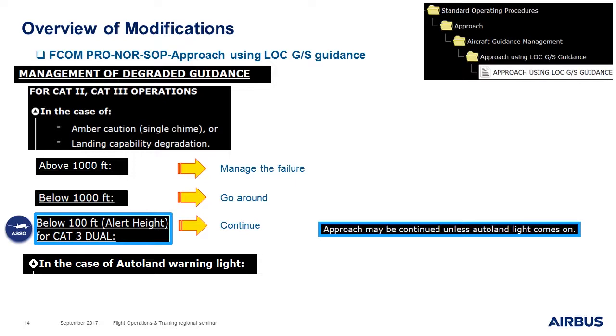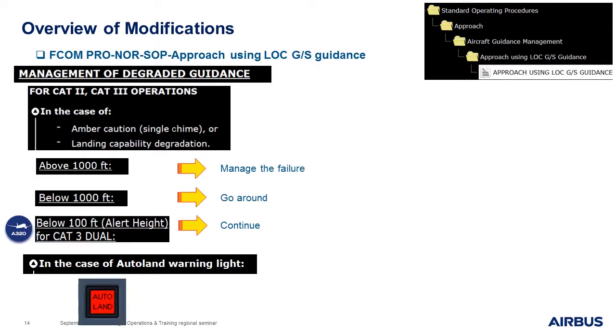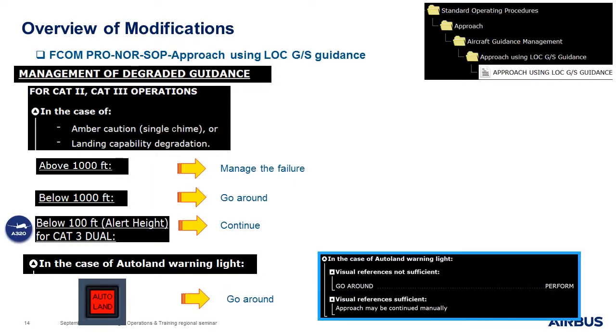The approach may be continued unless the autoland warning light comes on. In the case of the autoland warning light, you have to go around, but we still provide the option to continue the landing manually if visual references are sufficient.